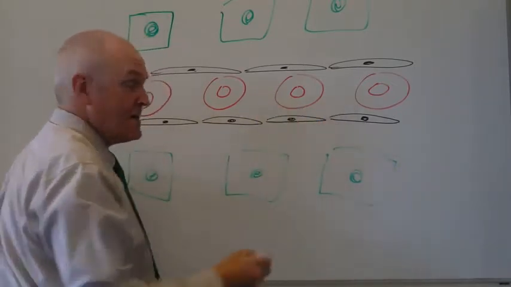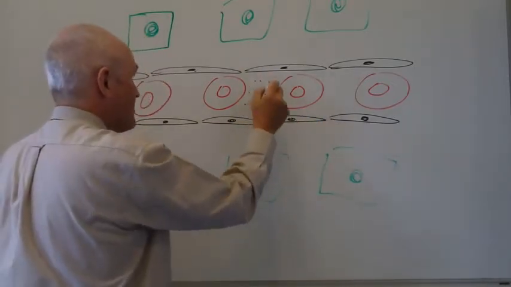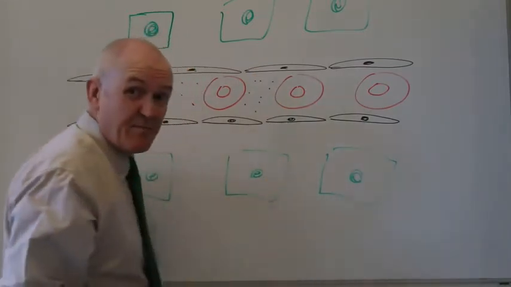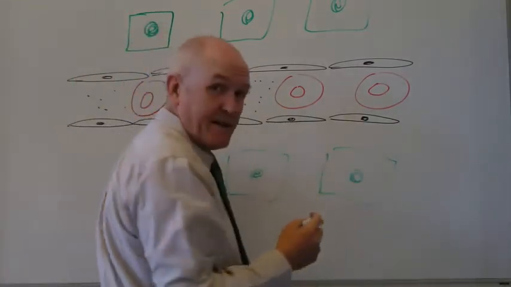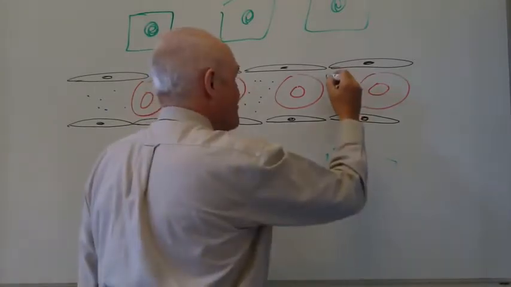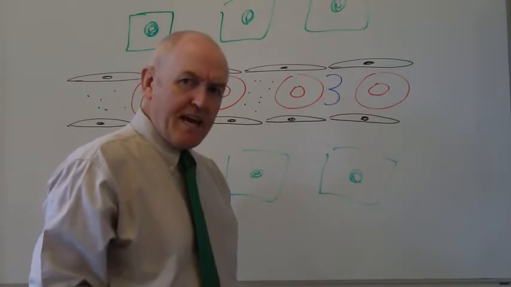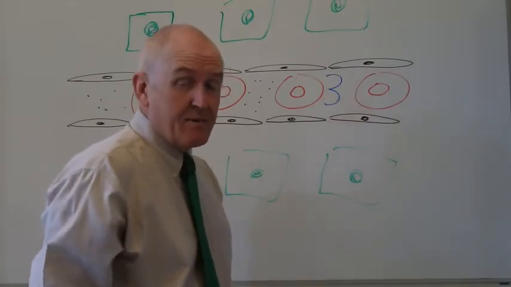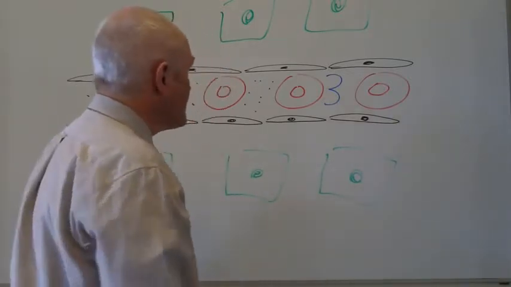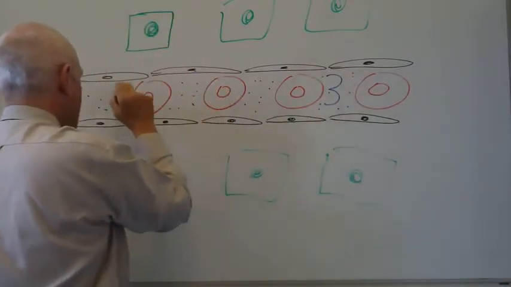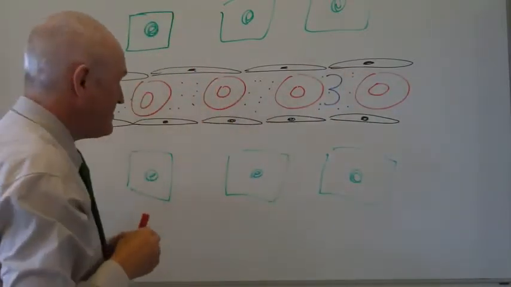And the plasma consists of water molecules, of course. In fact, in this young man that we're talking about, there's going to be about 3 litres of water. Now, there's probably about 5 litres of blood altogether, but 2 litres of that is going to be the red cells. So the plasma is going to contain about 3 litres of water.